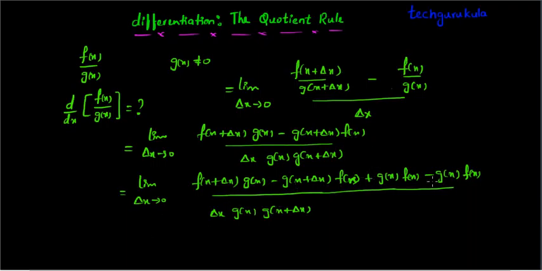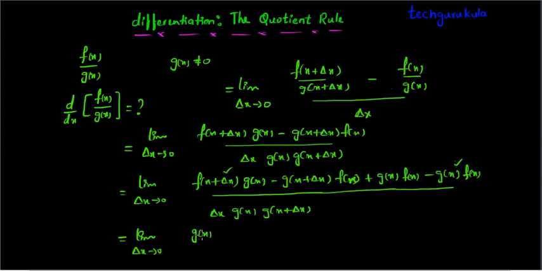Now taking this equation, we can rewrite it by taking the first and the third terms and taking g of x as common.